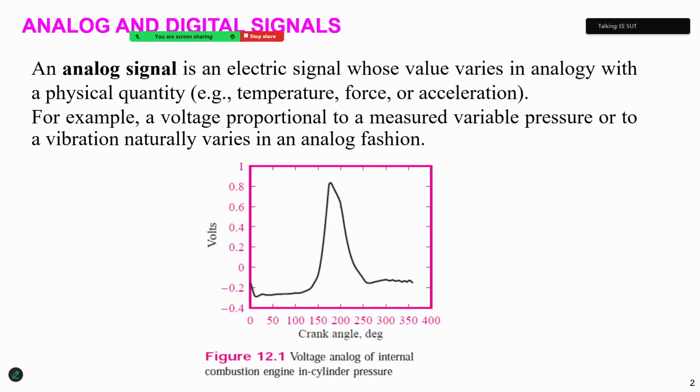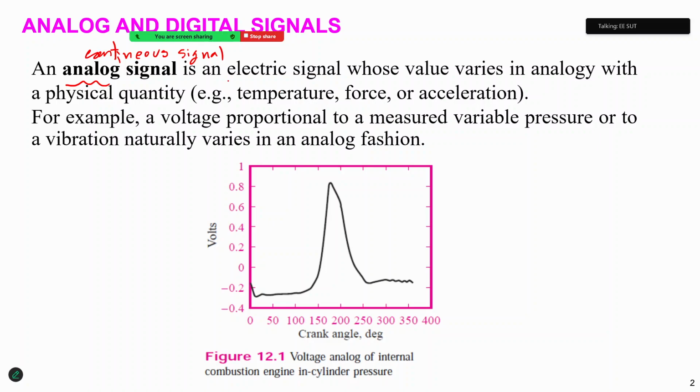And so we have two types of signals nowadays. We call the first one the analog signal. Mostly what we talked about in previous lectures, the signal is in analog form, right? Analog means a continuous signal, right?